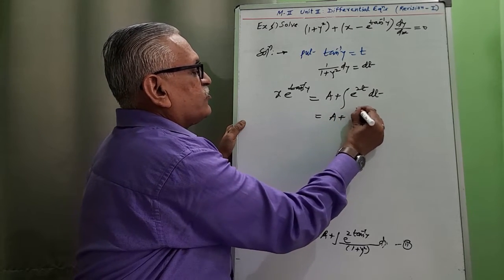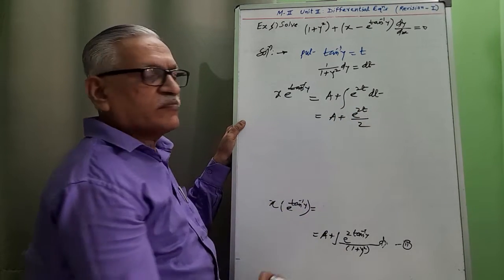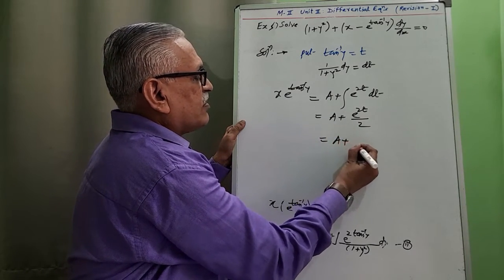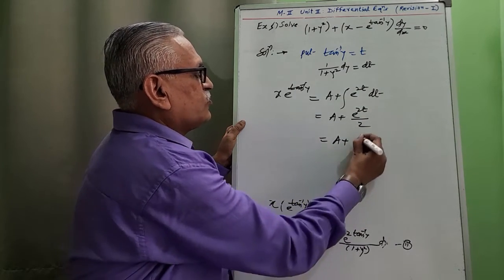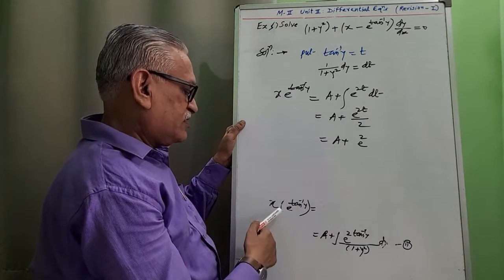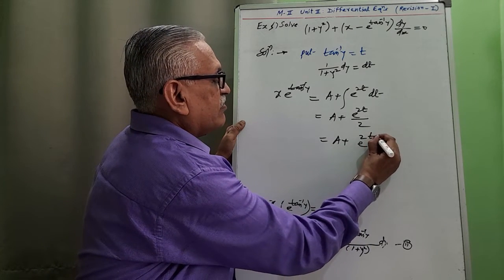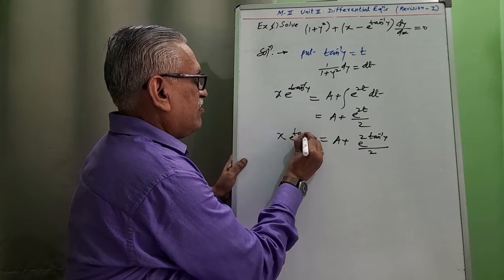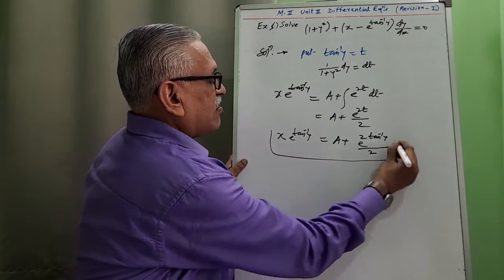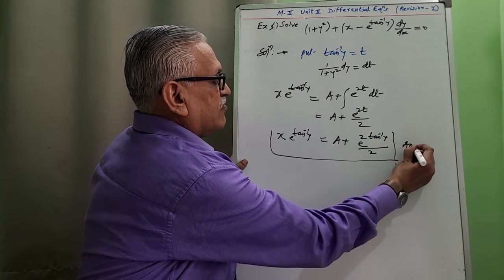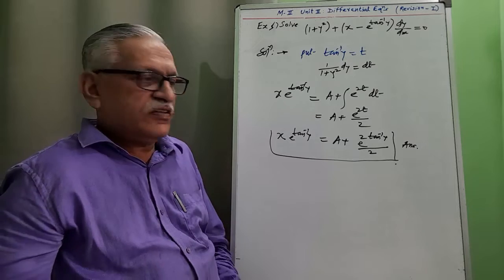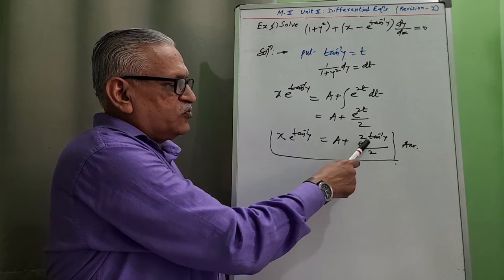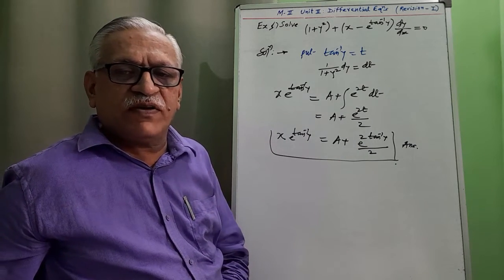Its integration is e raised to 2t divided by 2, and then substituting the value of t, we get a plus e raised to 2 times tan inverse of y divided by 2. The final solution is x into e raised to tan inverse of y is equal to a plus e raised to 2 times tan inverse of y whole divided by 2.